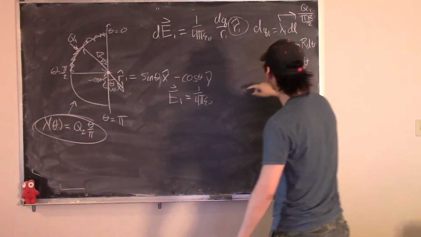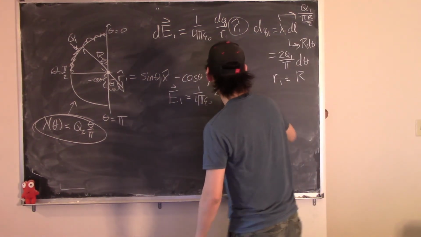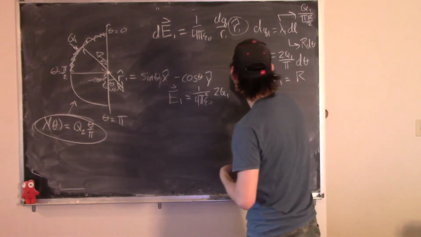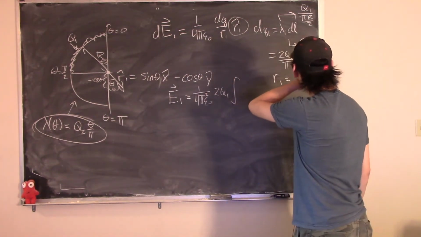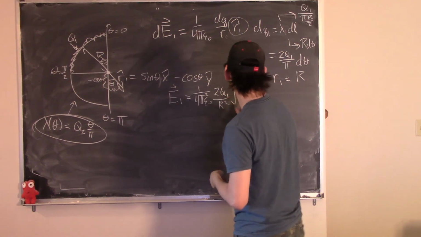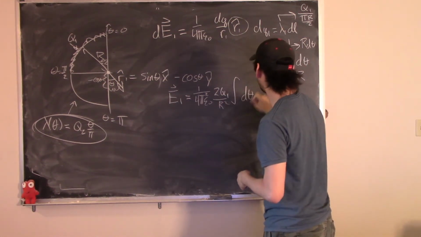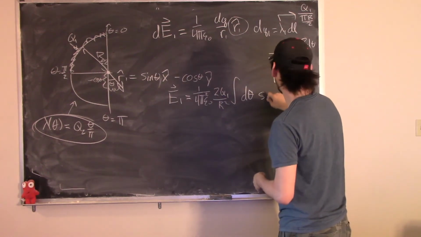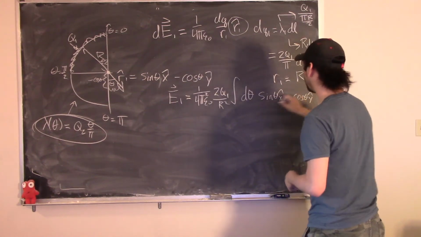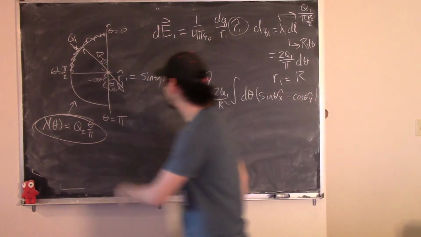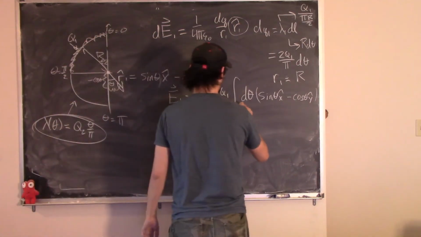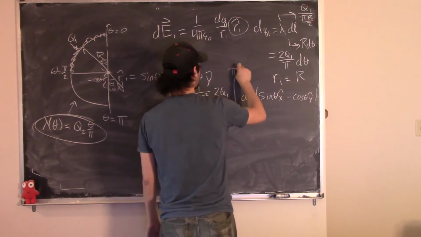We can plug in our lambda, so this is going to be 2q1 with a pi, that makes this a pi squared, times the integral of, I need my r here as well, so this is divided by r squared, times d theta times sine of theta x hat minus cosine of theta y hat, okay? Now, the other important thing here is to think about our limits of integration. Theta starts from 0 and goes to pi over 2. So this is theta equal to 0, and theta equal to pi over 2.